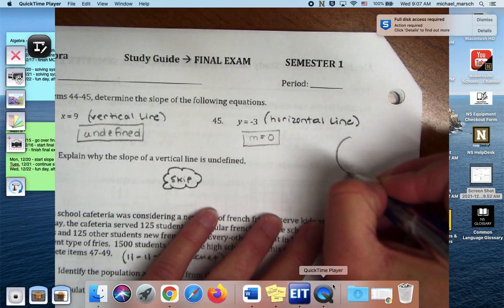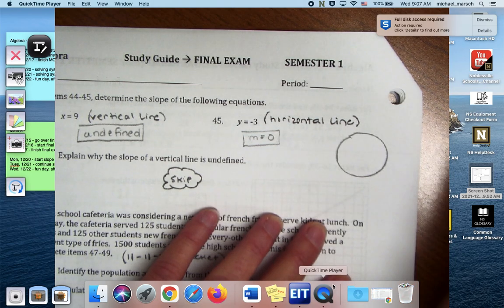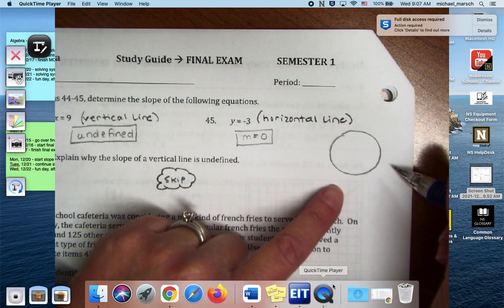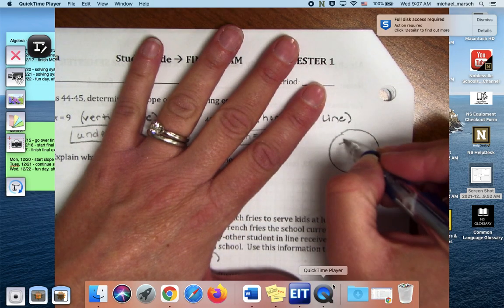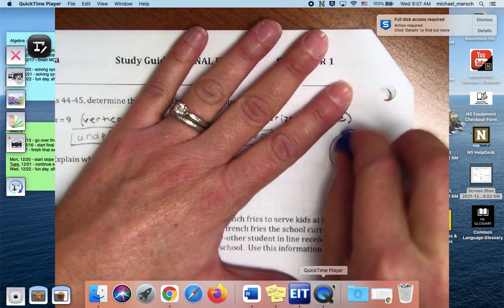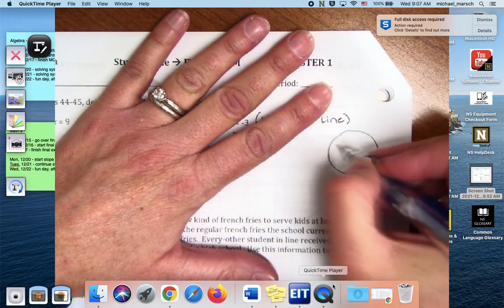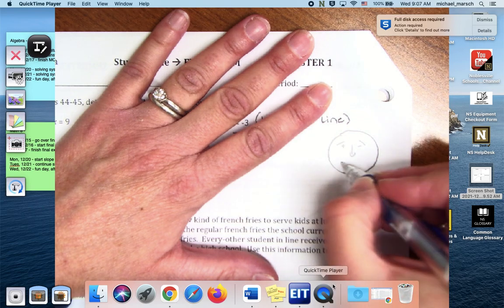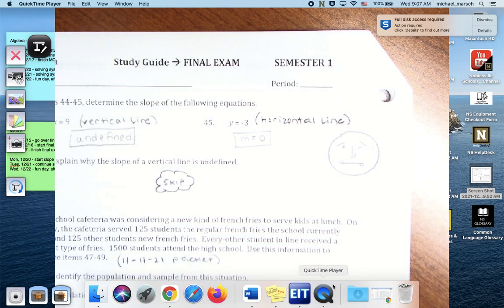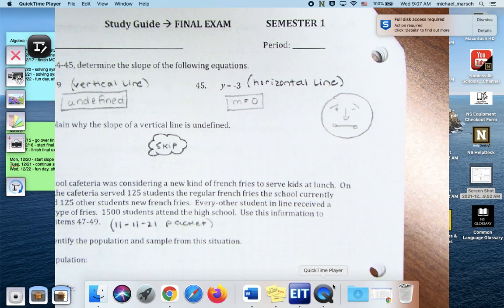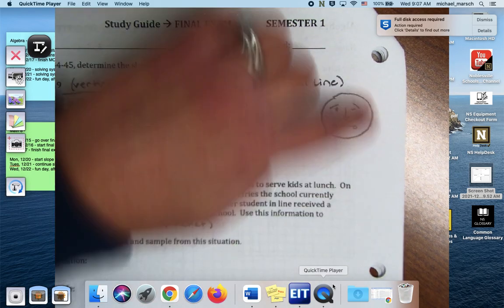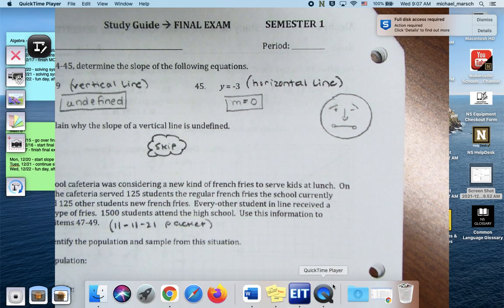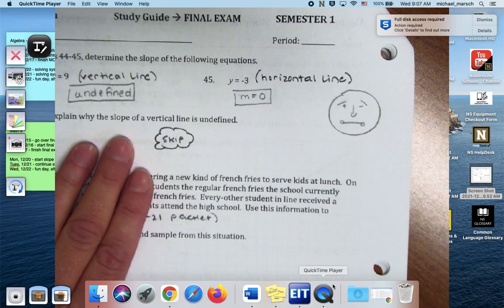So we have Mr. Slope's face. Hey, that's like a really good circle. I'm actually very proud of that. So positive, oh wait, no, the positive goes under the eyebrow. Positive, negative, undefined, horizontal. He still looks pretty beat up, but at least his actual head is decent. Okay. We're going to skip number 46.